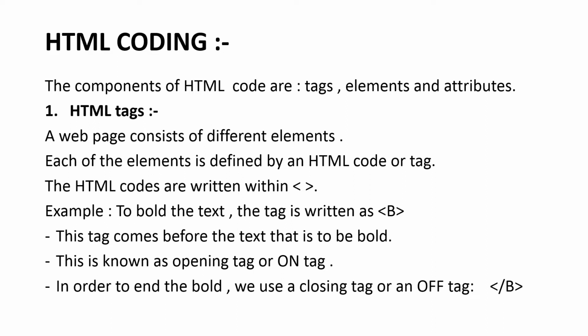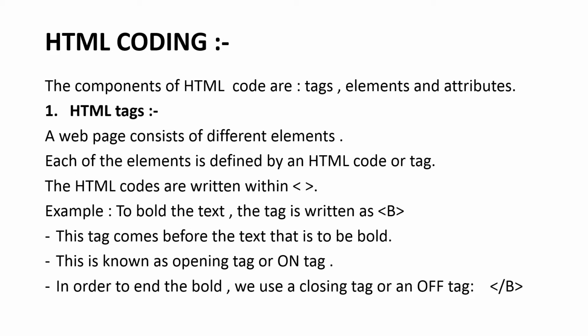To bold the text, the tag is written as B. Now B is written within less than and greater than symbol. Each tag is written within less than and greater than symbol in HTML coding.